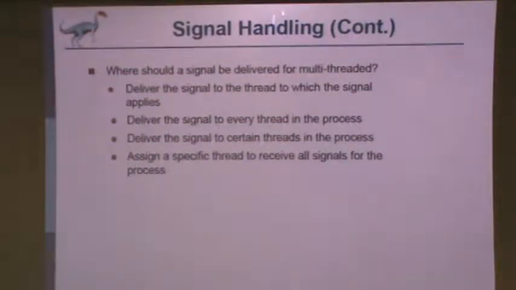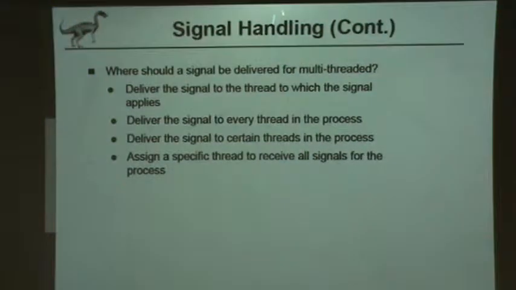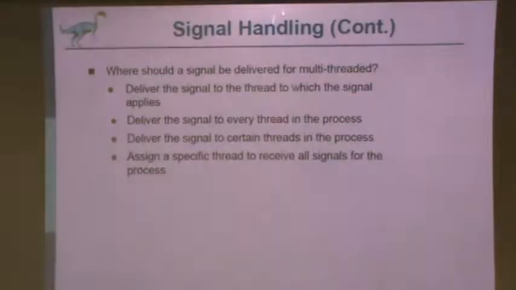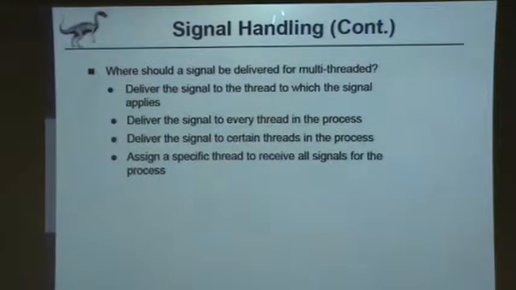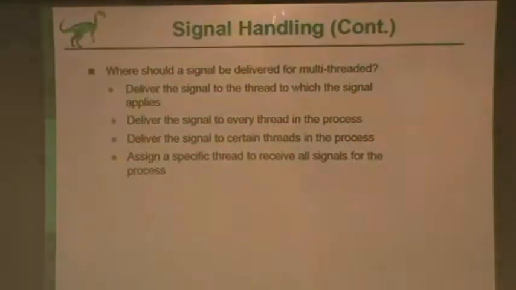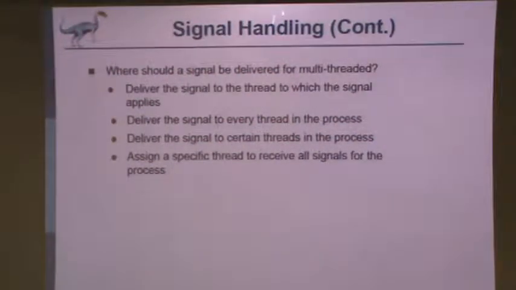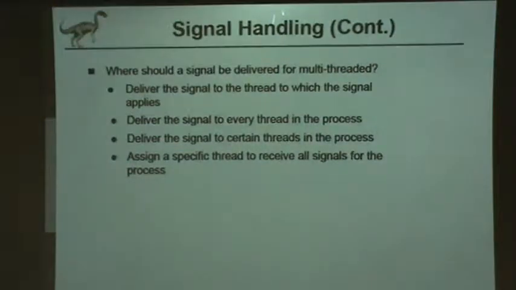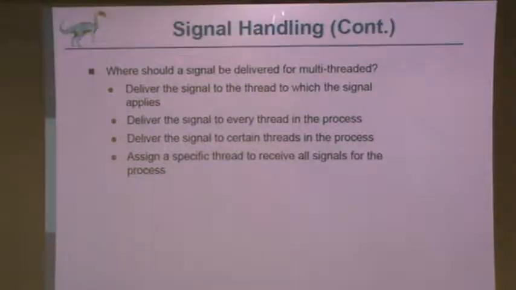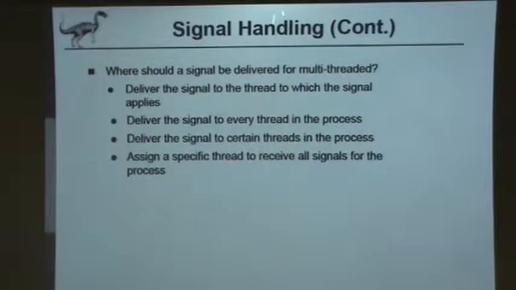So you ask the CPU to read the data from the hard disk drive. When the CPU gets the data, it will give the signal to the thread. It's delivered to the thread to which the signal applies, because this thread wants to retrieve the data. So now I get the data, so I'm back to you.